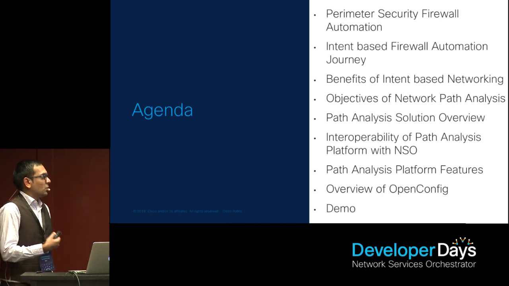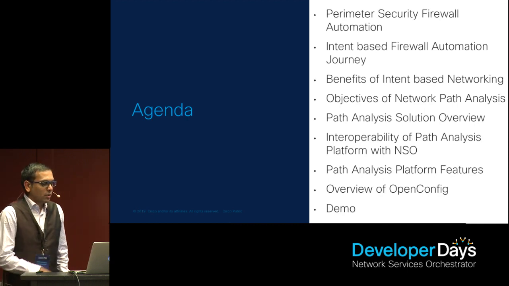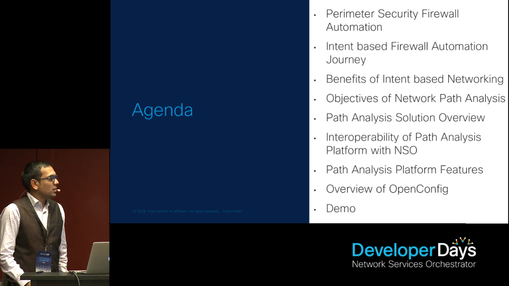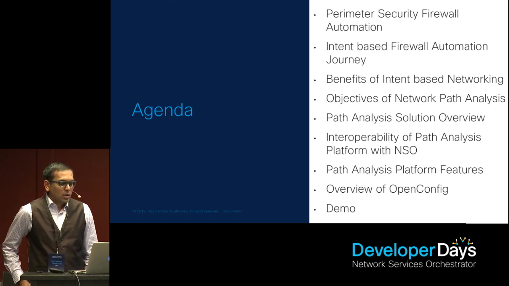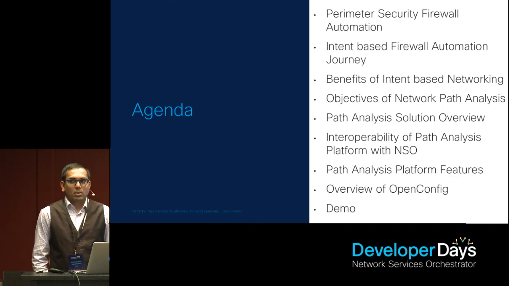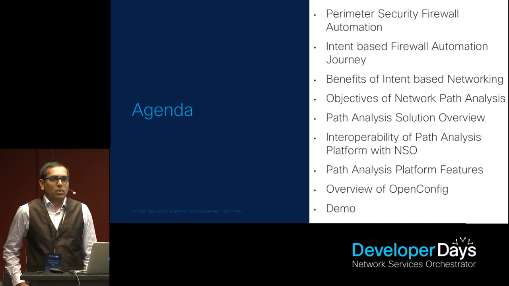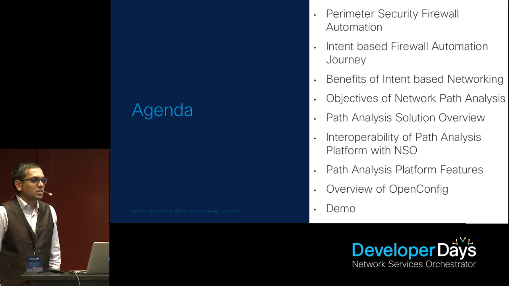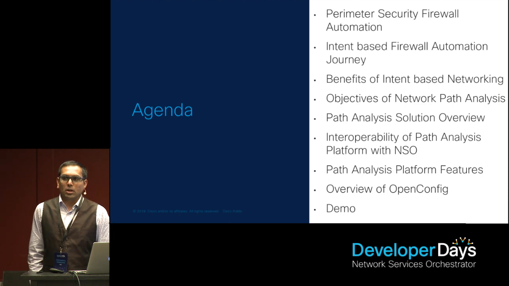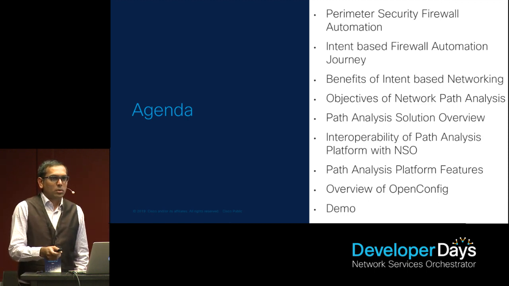Then we'll list out the benefits of intent-based networking and the objectives of network path analysis, while looking at the solution overview of a path analysis platform, along with its interoperability with NSO. We'll go over some of the features, talk briefly about OpenConfig, and finally wrap it up with a demo.